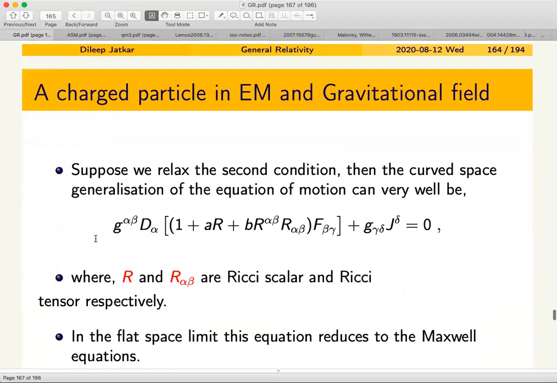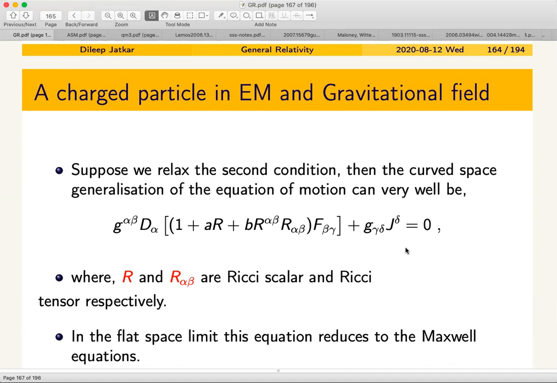you could write down an equation of this kind, and if you go to a frame which is the Minkowski frame. Remember, I'm talking about the Minkowski frame and not the local Lorentz frame. There's a distinction between the two, because in the Minkowski frame R_{αβ} would vanish, whereas in the local Lorentz frame they may not vanish, simply because the information about the curvature of space-time is tensorial information.